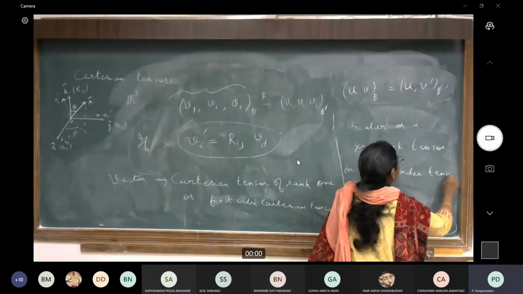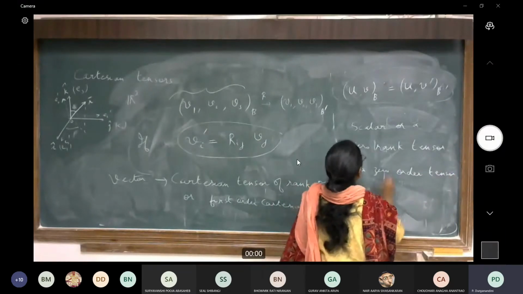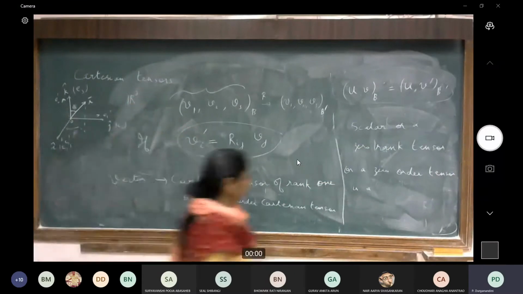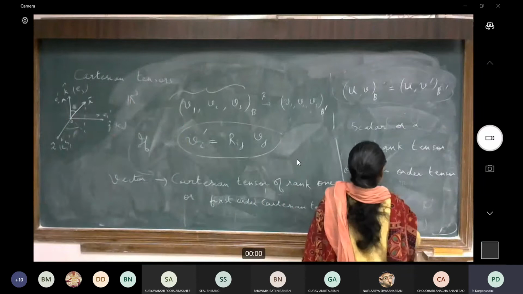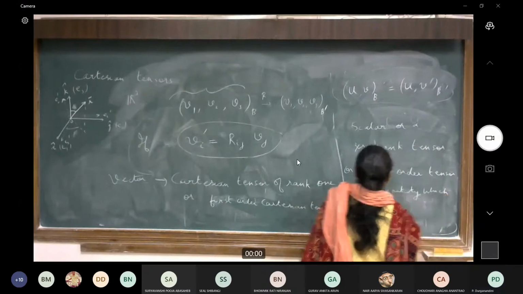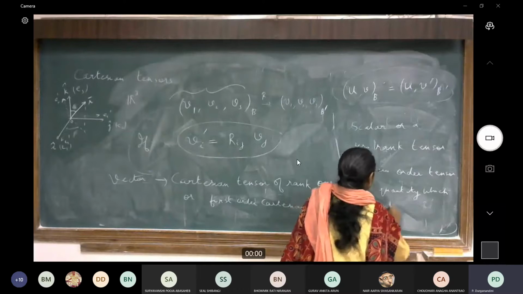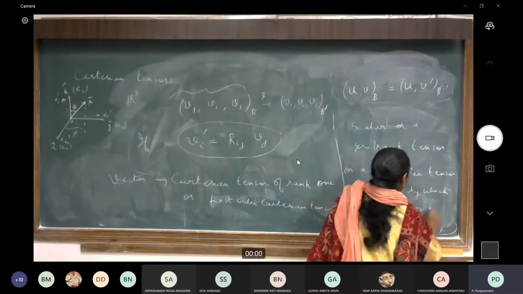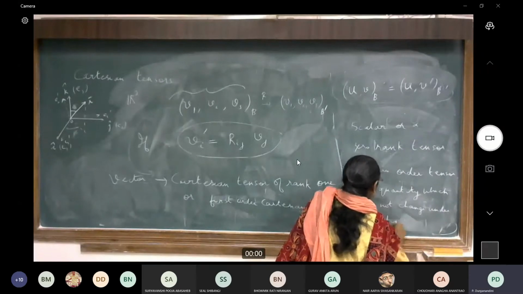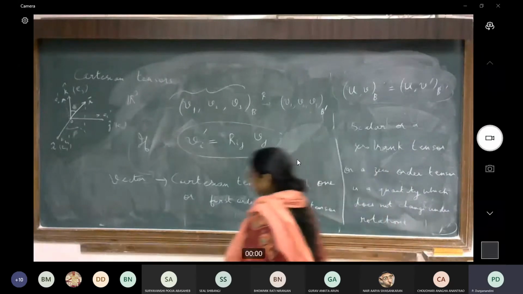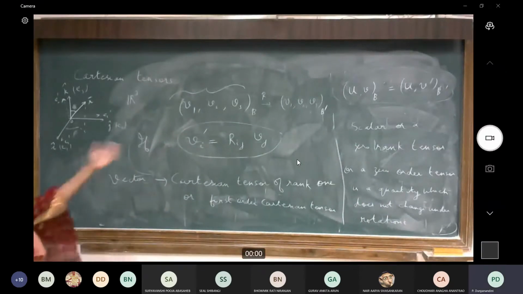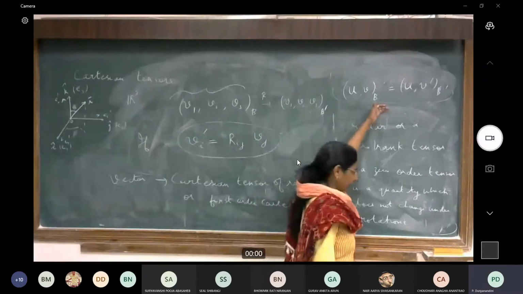A zero order tensor, again I'm referring to Cartesian tensors, which means I've chosen Cartesian basis or Cartesian axes, is a quantity which does not change under rotations. So the example for this is of course our scalar product or the inner product.